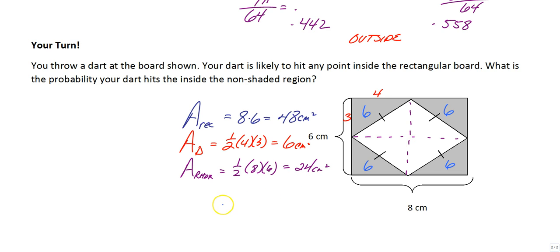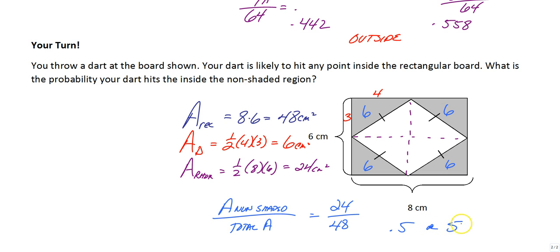So the area of the non-shaded over the total area would be 24 over 48, which is 0.5 or 50%, also known as 1/2. Okay?